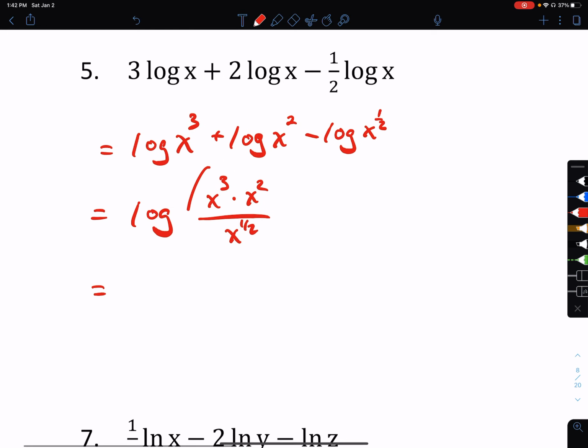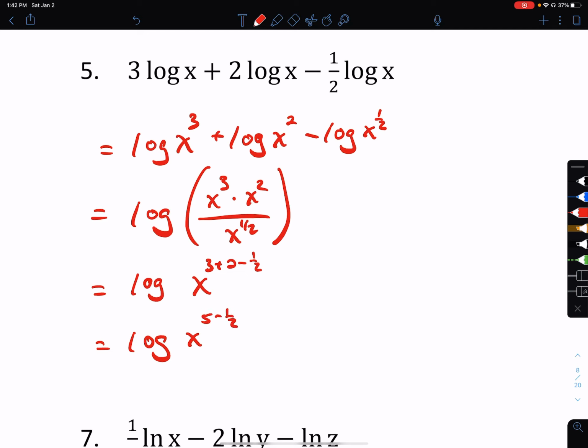Now, using our exponent properties, if you're multiplying with the same base, you add the exponents. If you're dividing with the same base, you subtract the exponents. So this is equivalent to common log of x to the 3 plus 2 minus 1/2, which is going to be common log of x to the 5th minus 1/2.